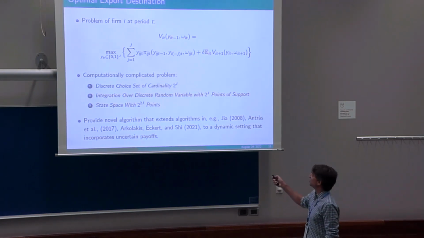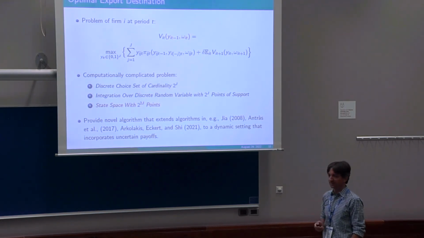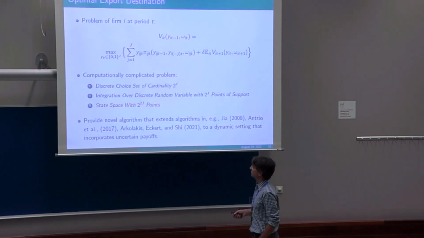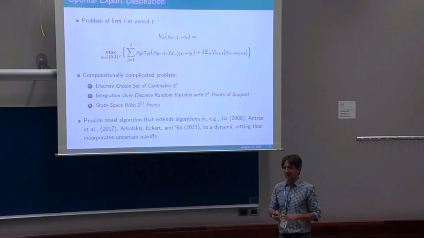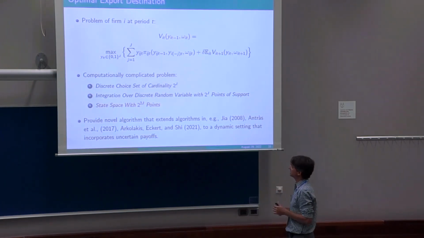And then in general, if you wanted to compute the policy function, there will be many points to compute over. Okay? Just because it's a short presentation, I won't be able to go into detail, and I'm very happy to discuss how we do it. In the paper, we spend many pages on this.